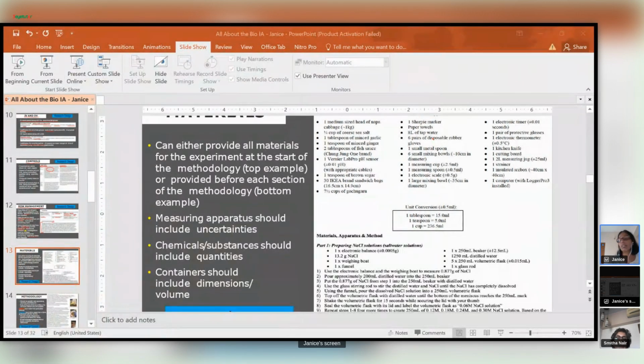These other things are not included in the 10 hours. 10 hours is solid practical work that you're doing. Okay, got it. So when your teacher teaches you in this manner, your IA will be very, very easy to do.